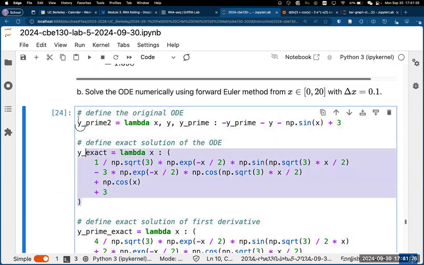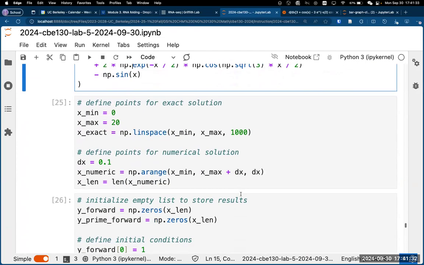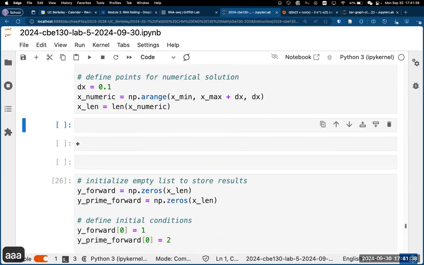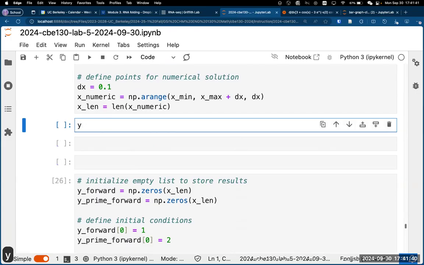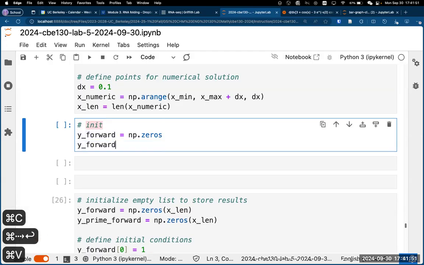So here is all the same, define the original ODE and the exact solution, and the exact solution of the first derivative. So the different thing will lie in the algorithm for forward Euler. So again, we initialize the forward Euler, but this time we need to initialize 2 lists. Instead of just the original function, we also need the first derivative.